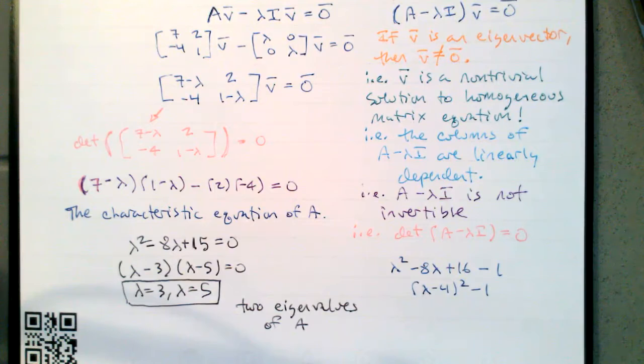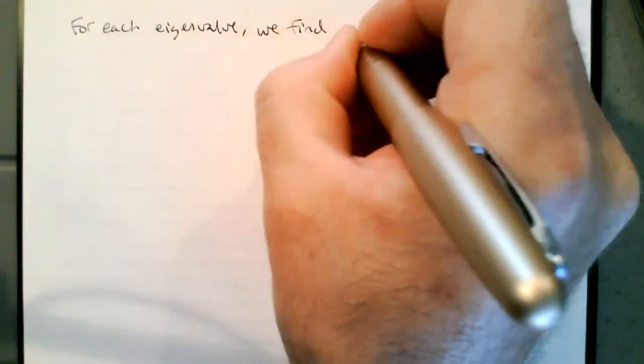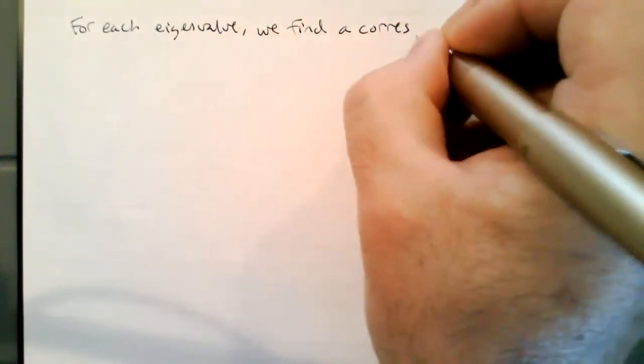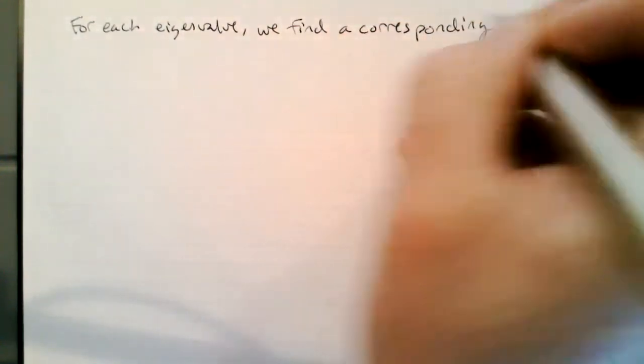Each eigenvalue should correspond to an eigenvector. And we know those eigenvectors are going to be the non-trivial solutions to some homogeneous equation. So for each eigenvalue, we need to find a corresponding eigenvector.